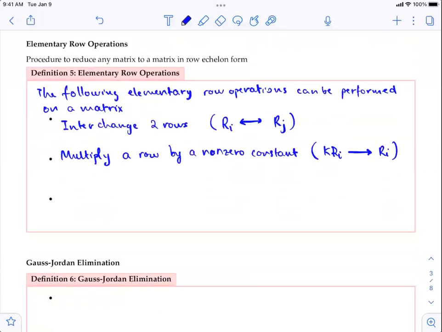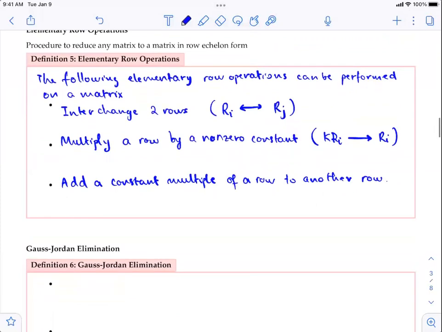Now the last elementary row operation that I can perform is to add a constant multiple of a row to another row. So now I have two rows.